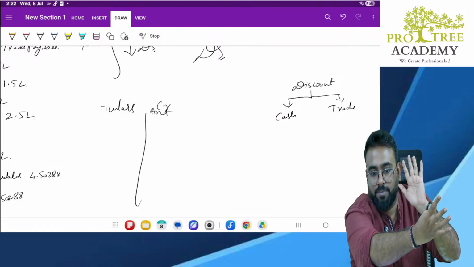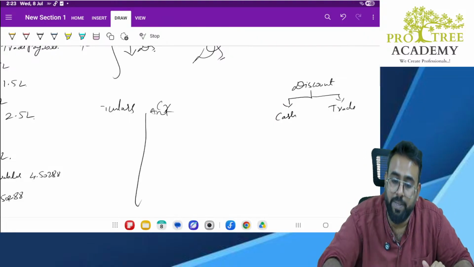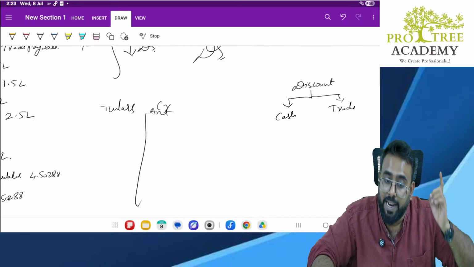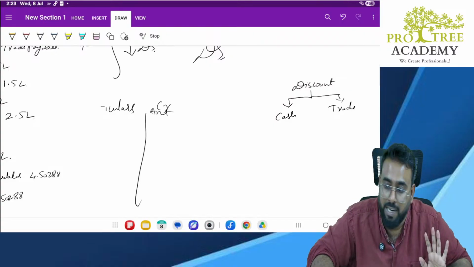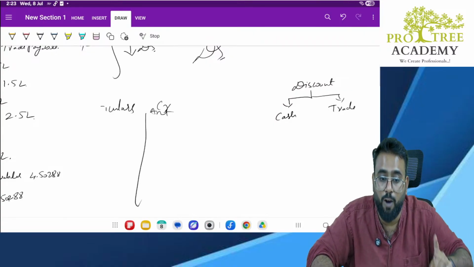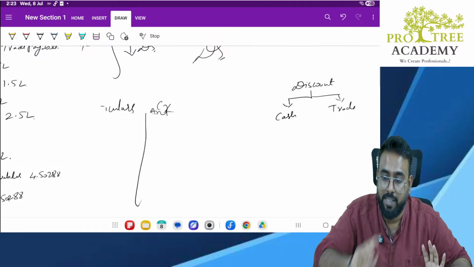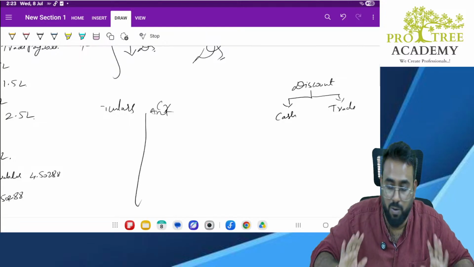So trade discount is nothing but the discount which is given or received at the time of the sale or purchase itself. At that moment only the discount is given. That is called trade discount.